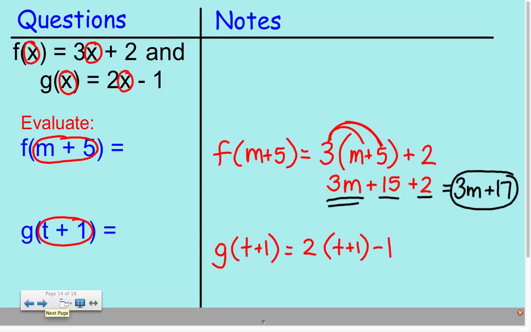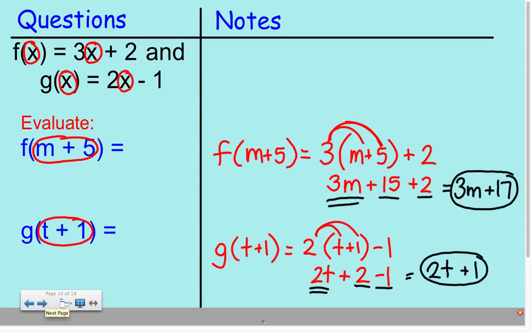I'm going to do the same thing as the last problem and bomb the 2 to the t and the 1. 2 times t is 2t. 2 times 1 is 2 minus 1. If I do my underlining, 2 and negative 1 are like terms. 2t stays by itself. So 2t, and then 2 minus 1 is 1, plus 1 gives me my answer.